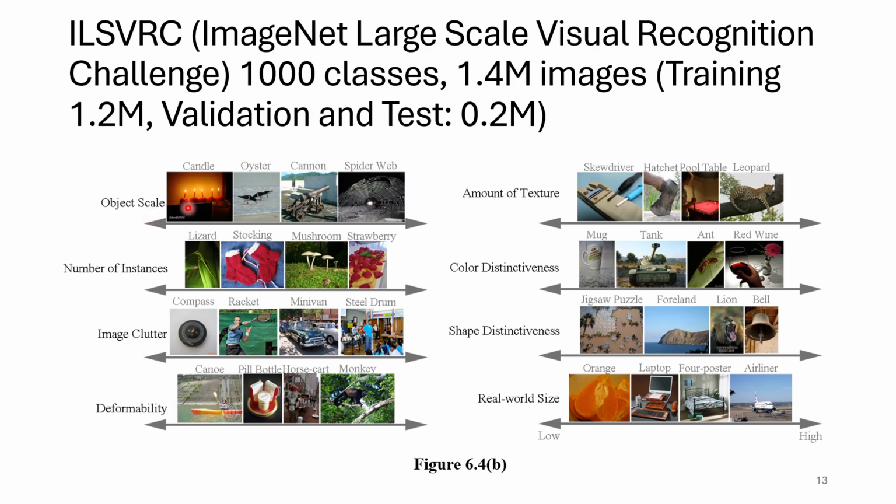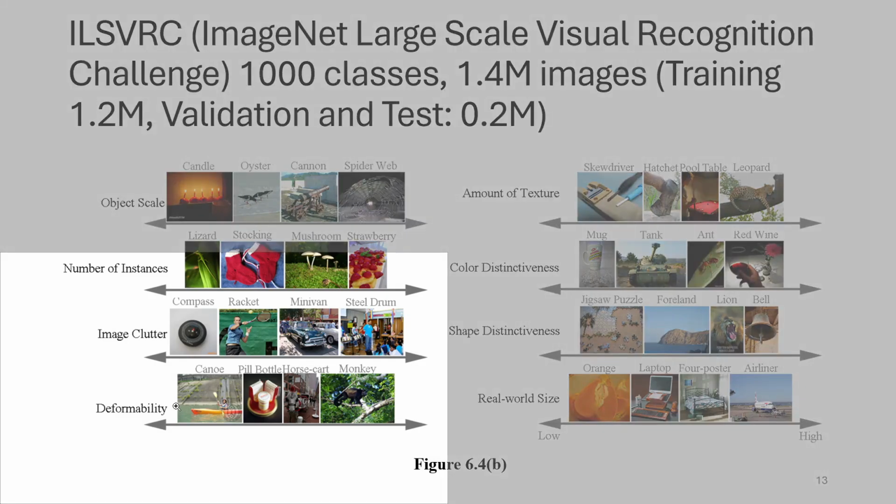Object scale means a candle is very small, right? And an oyster is relatively larger, then a cannon, and a spider web. How many instances are in an image? It's only one, but if they're stacked, there are two. Mushroom, there are 1, 2, 3, 4, 5, and strawberry, there are a lot of strawberries in a single image.